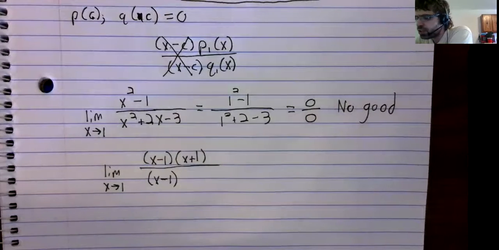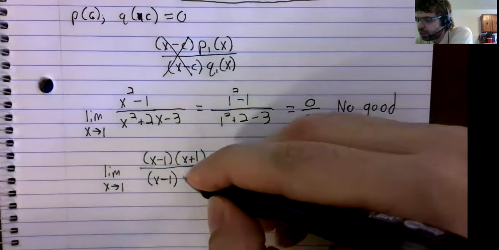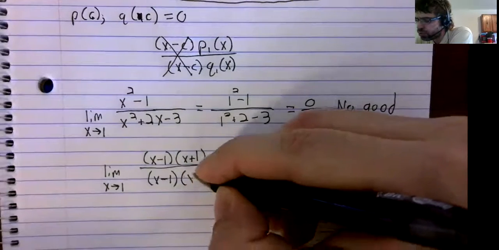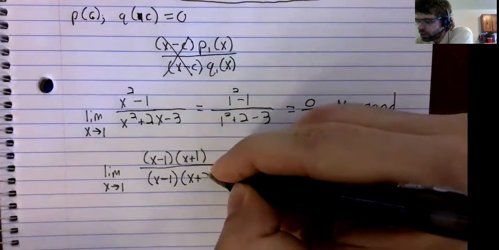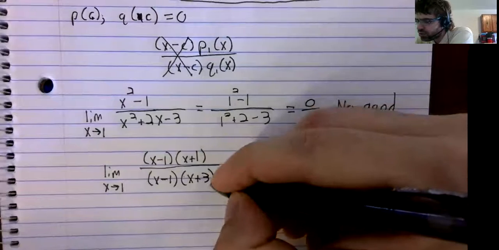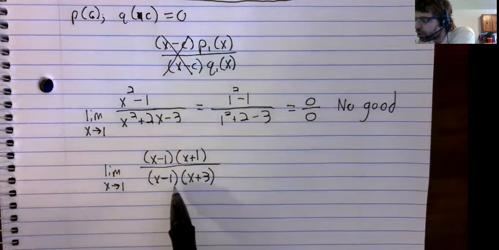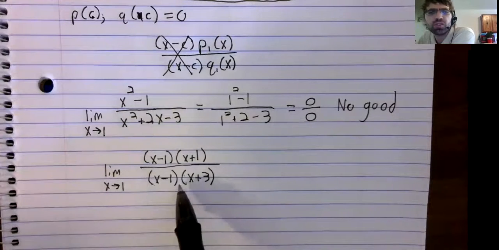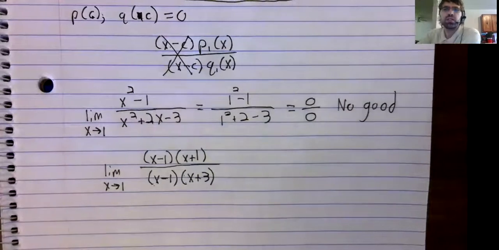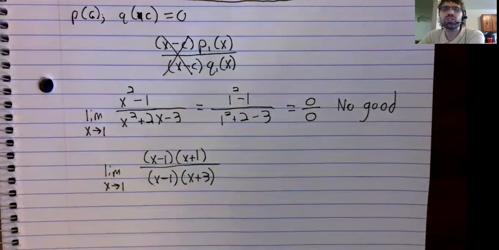Multiply together to be -3, add to be +2. Let's check this, x squared plus 2x minus 3. Okay, so that's correctly factored.